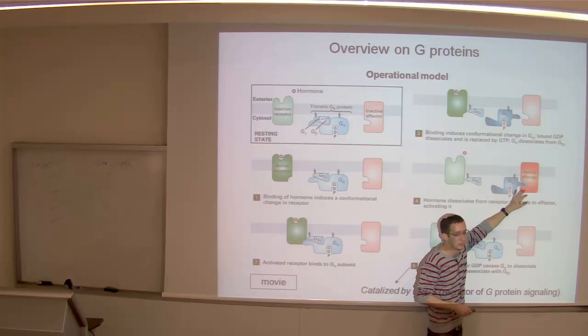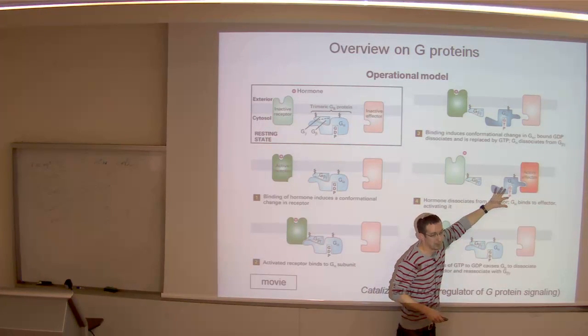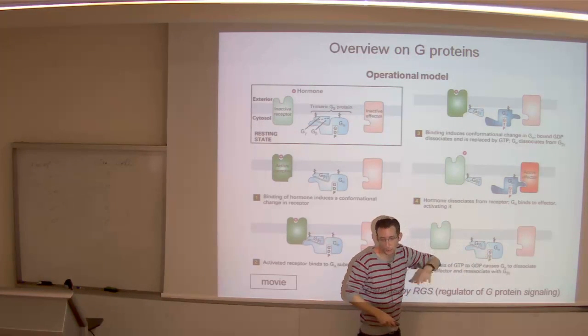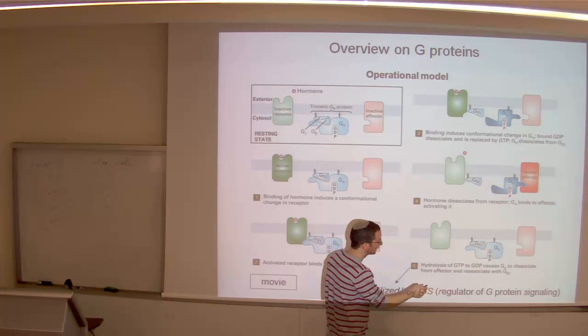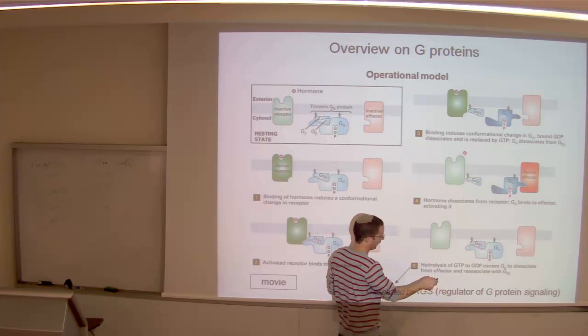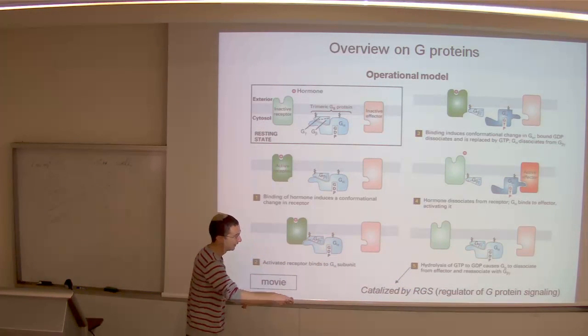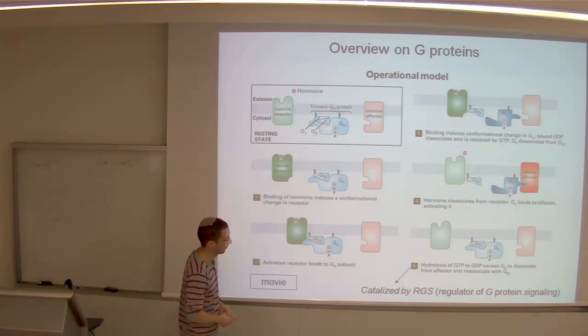It will activate several effectors. And once the GTP is hydrolyzed to a GDP, the alpha subunit is no longer functional, and it again moves across the plasma membrane and meets with its colleagues, G beta and gamma, and the complex of the G protein is restored, and the basal state is restored.